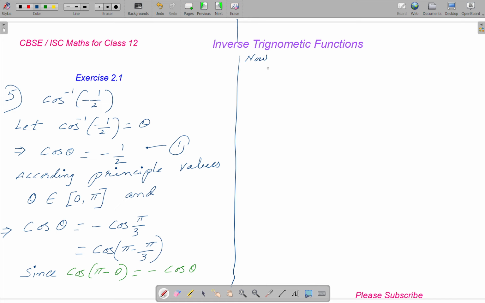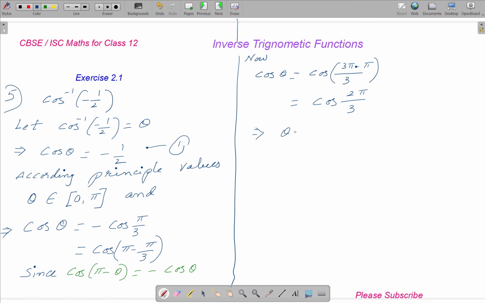Now cos theta is equal to cos of pi minus pi by 3, that is equal to cos 2 pi by 3.